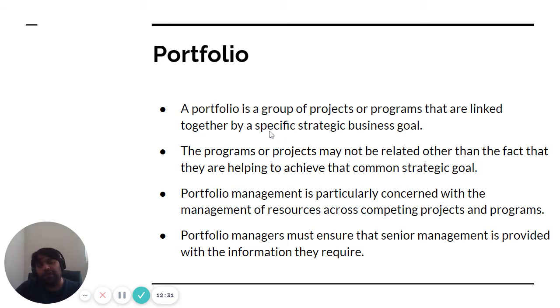So a portfolio is always considered a business goal. They want to achieve something, right? The programs or projects may not be related to one another, other than the fact that they are helping to achieve a common strategic goal.